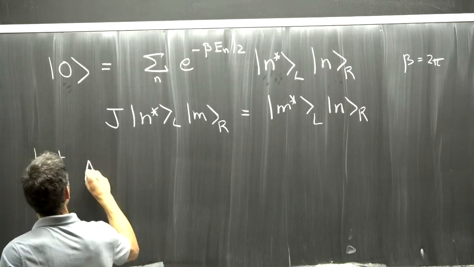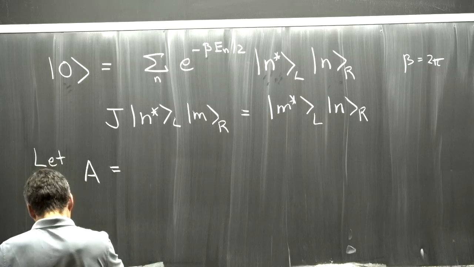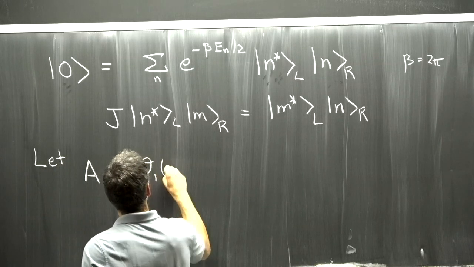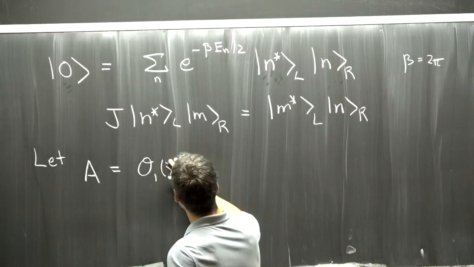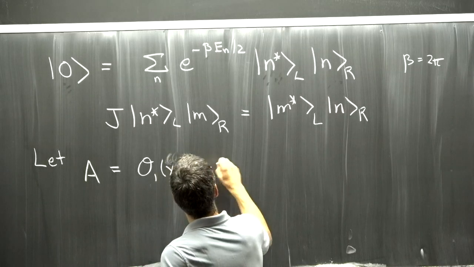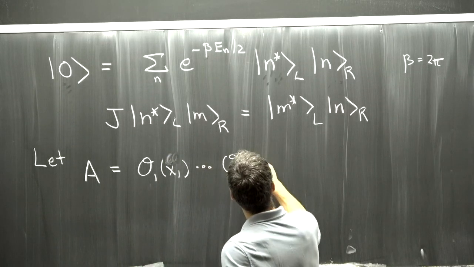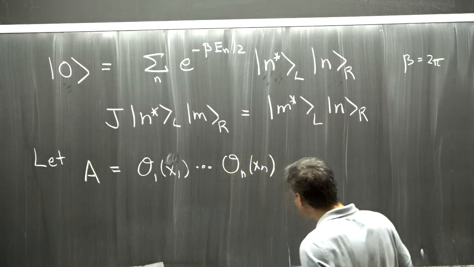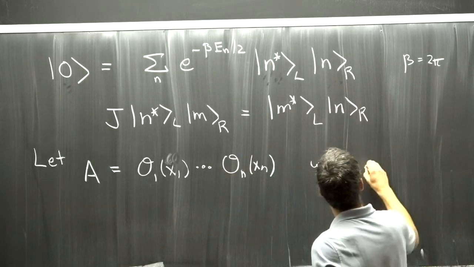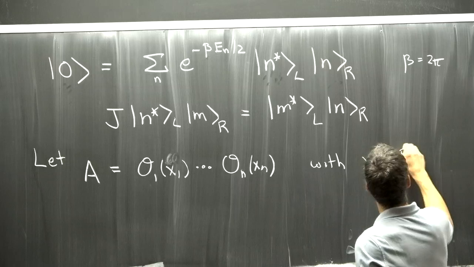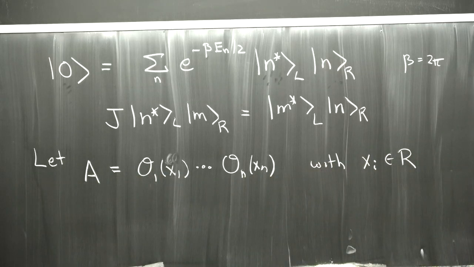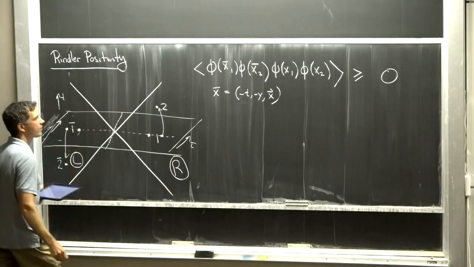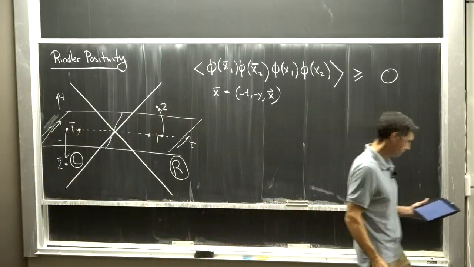Now, let's take an operator A, which is some product of local operators. It doesn't need to be a product of local operators, but we might as well. O1 of x1 to On of xn, with all of these points on the right. I think I forgot to label right. Okay, so this is R, and this is L, our left and right Rindler wedges.